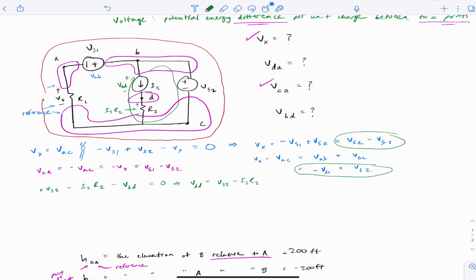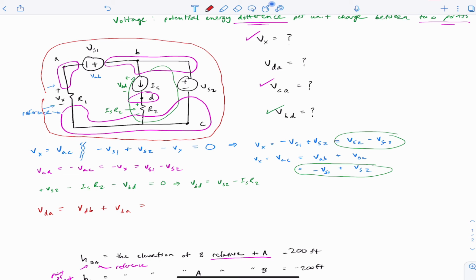So we've got VBD, and now we can do VDA by adding up voltage drops as we start from D and then go to A. So I could go VDB and then VBA. We already know VDB, right? It's negative VBD.